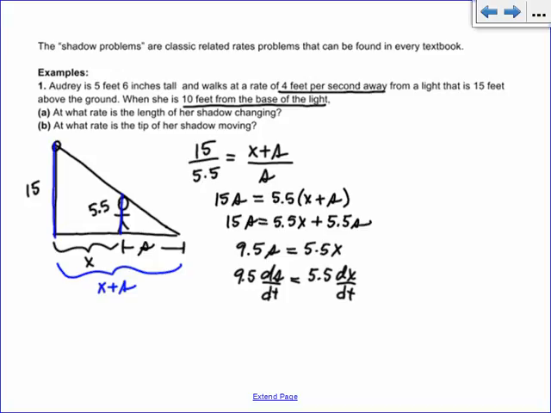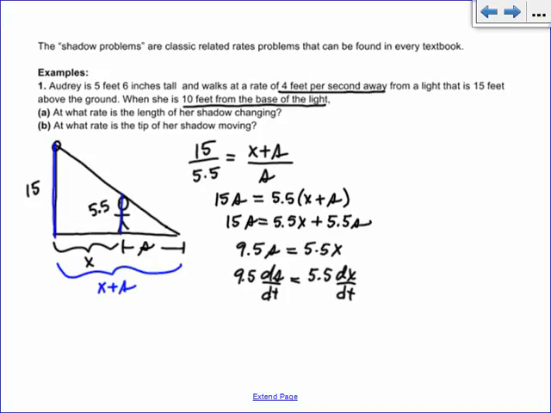Not really, because that light is kind of dispersed, right? Does that make sense? But really, it doesn't matter how far she is. If the light was shining forever, like the sun, right? It doesn't matter. So it's kind of strange. That's what's confusing for students when they do this, because they want to put that 10 in somewhere, and you don't actually need it. So it says at what rate is the length of her shadow changing?